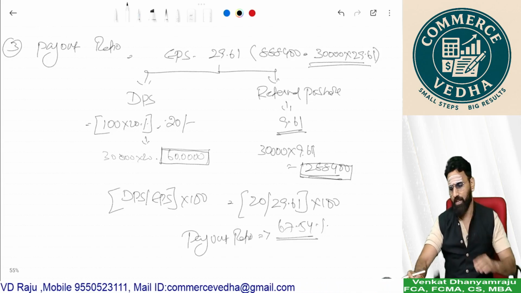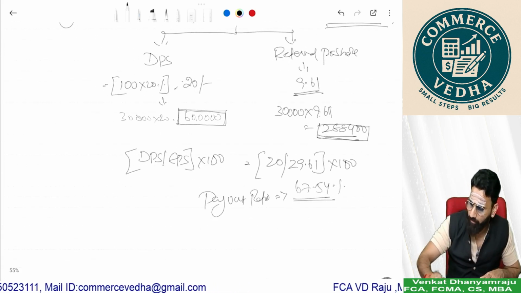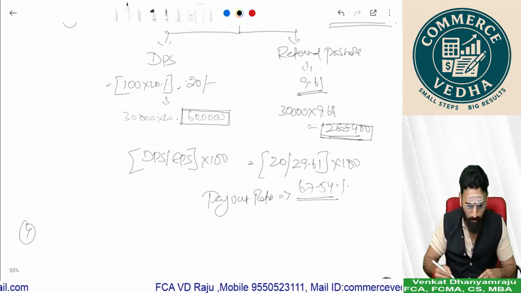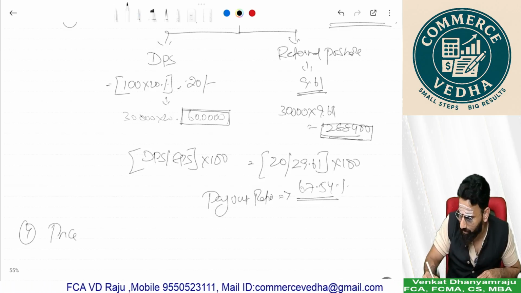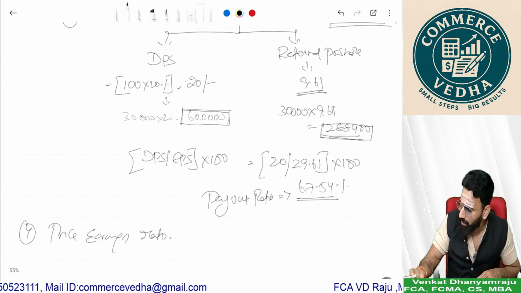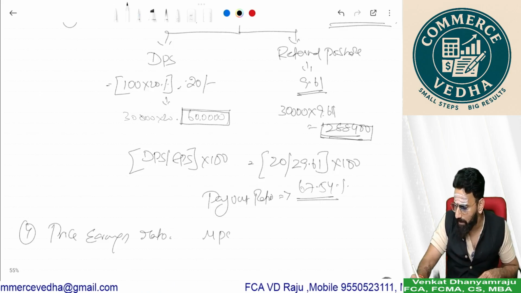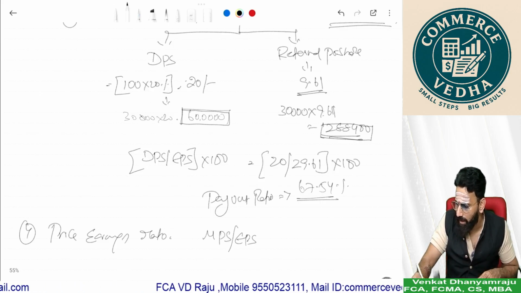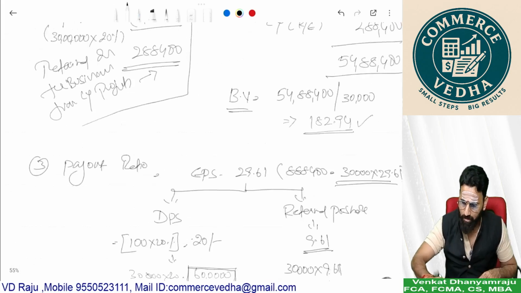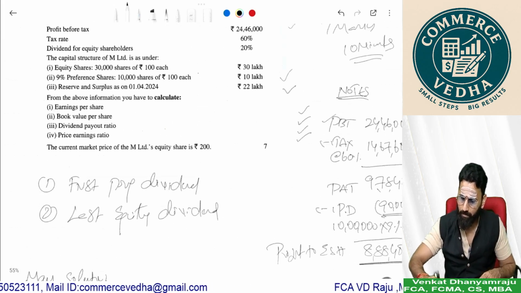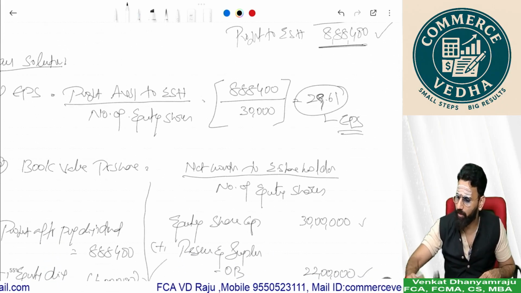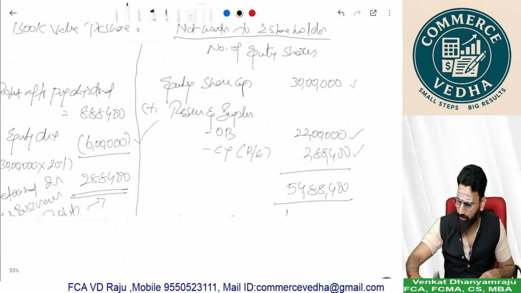So 3 points we computed, and finally the fourth point is the price earnings ratio, which is nothing but market price per share divided by earnings per share. Your market price is given in the question, which is 200, and earnings per share we computed is 29.61.